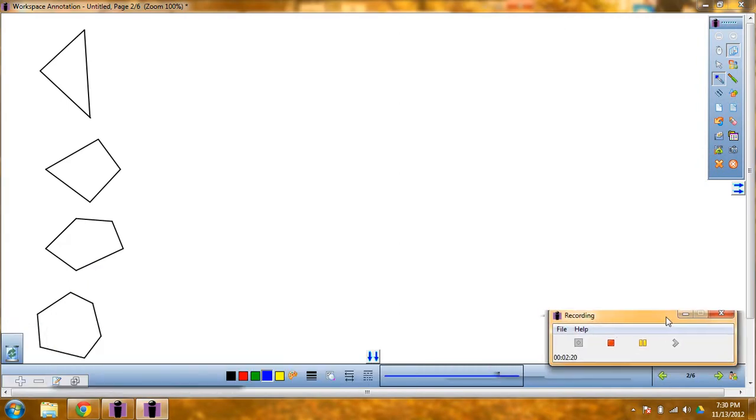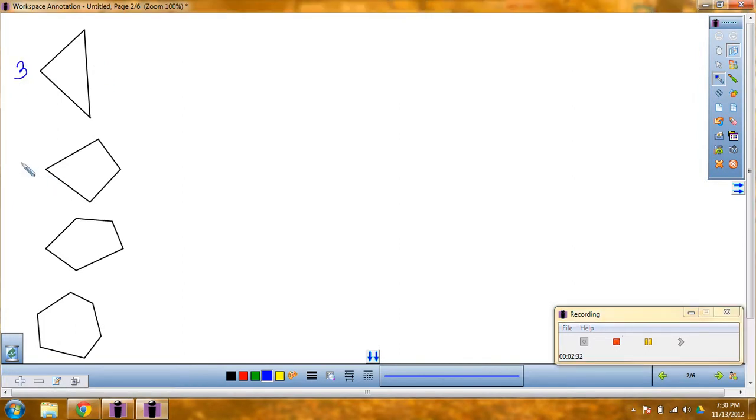Alright, so we can go ahead and pause the video and copy these shapes down. They don't have to be exact, as long as you have the right number of sides. Go ahead and do that and catch up with me. So we have a 3-sided figure, a 4-sided figure, a 5-sided figure, and a 6-sided figure.